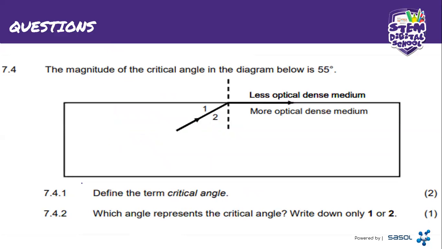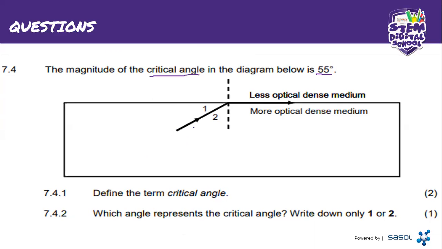The next question says, the magnitude of the critical angle in the diagram below is 55 degrees. Now, let us look at this diagram.